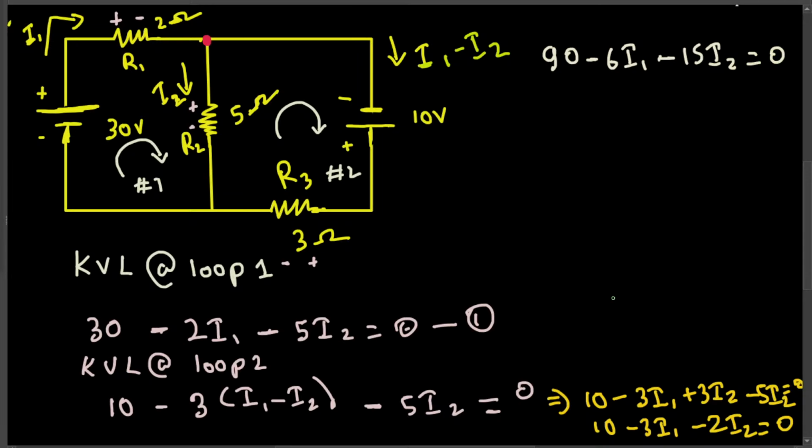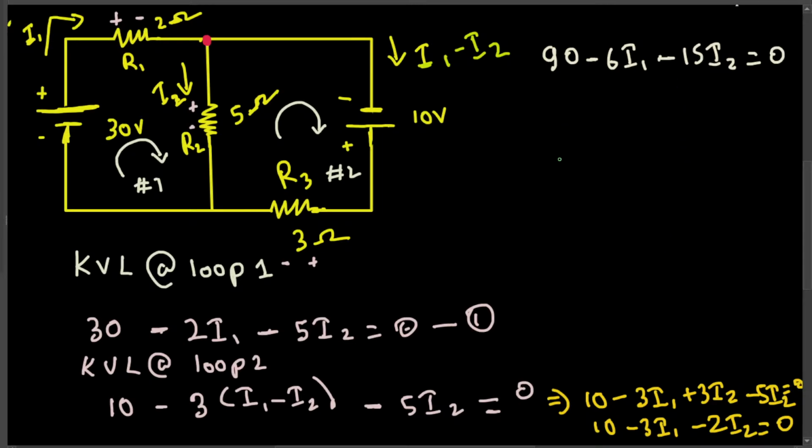Now let's bring this one here. Here we have to see which value to multiply this with, so that when I add them together, it's going to eliminate one of the variables. So here, if I multiply this one with negative 2, this will give me positive 6. So if I add them, that's going to give me one unknown variable.